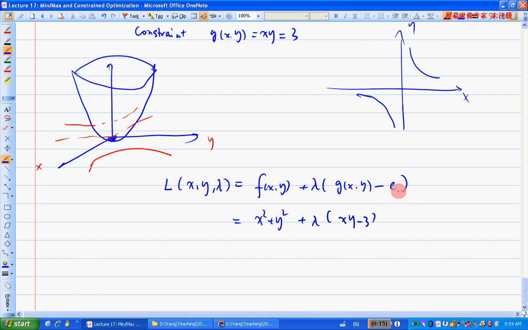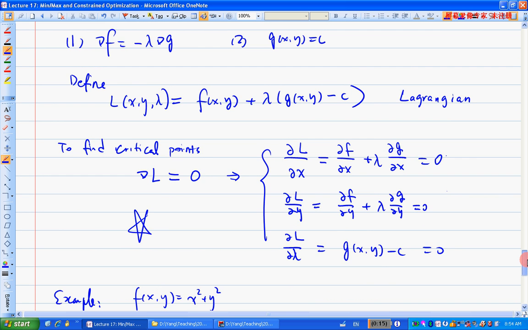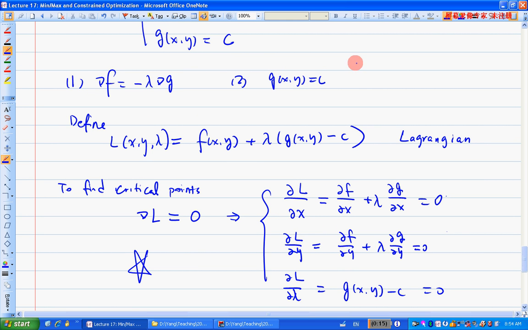Why do we have that c? Is it possible to have just f plus lambda multiplying by g? Yes, you could, if you move the c to the other side, and call this your g of x, y.